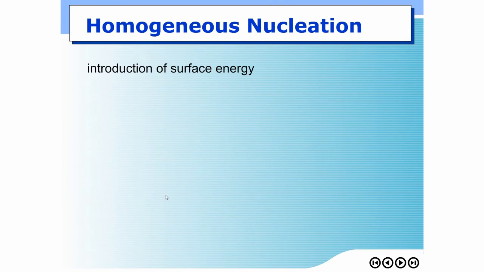So on one hand, you may say that precipitation of solid out of the solution reduces energy of the solution. But on the other hand, formation of solid itself introduces extra energy. Okay?